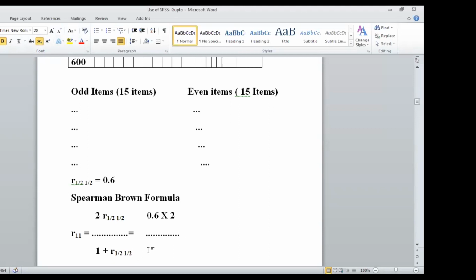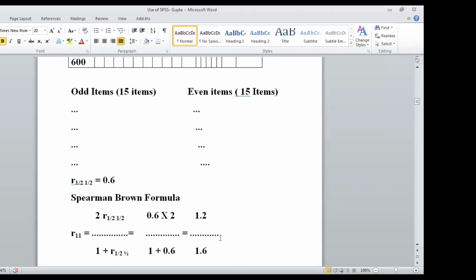And then this has to be divided by 1 plus 0.6. So if you just solve it, you will find that 0.6 multiplied by 2 is 1.2, and 1 plus 0.6 will be 1.6.